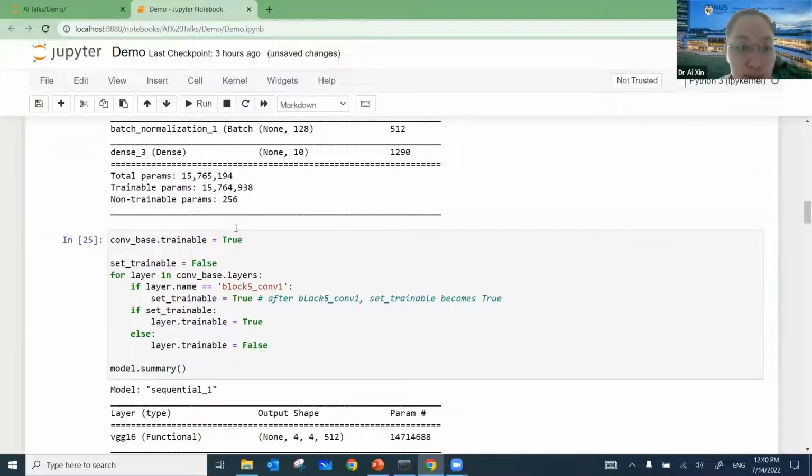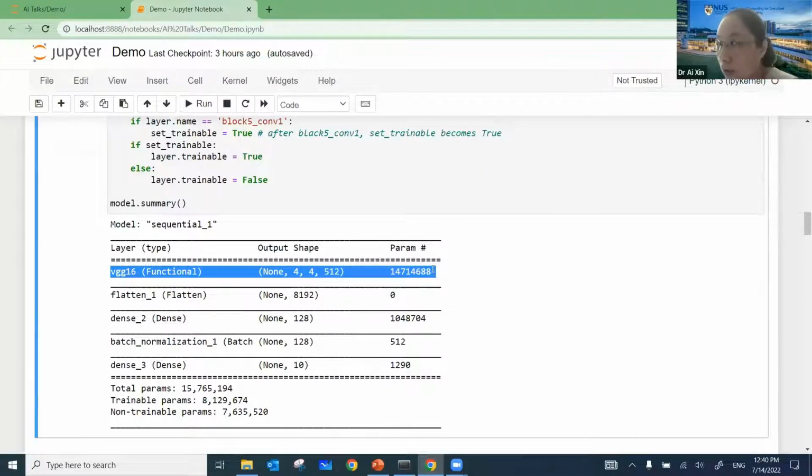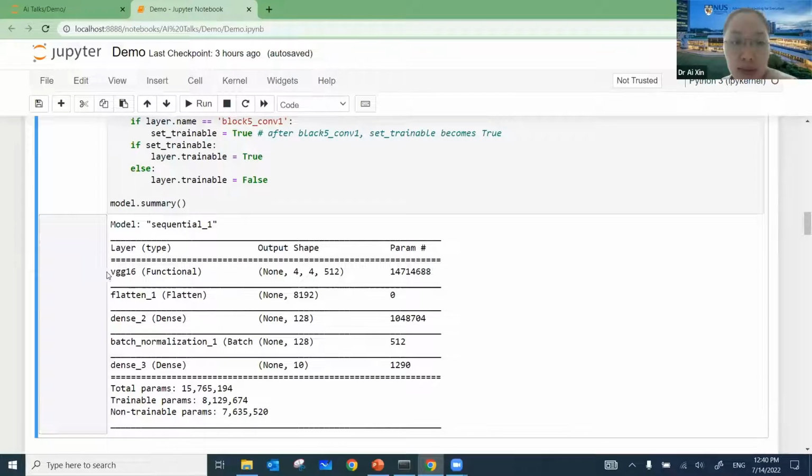I will freeze most of the weights, or parameters, inside the pre-trained model, because this model is trained on 1.5 million images, so it's a very good model for image classification. I don't want to retrain it.